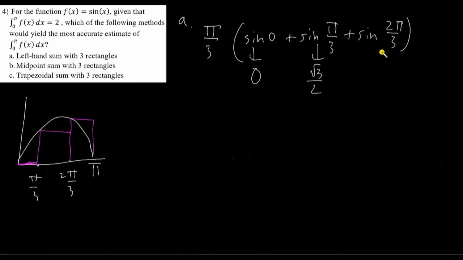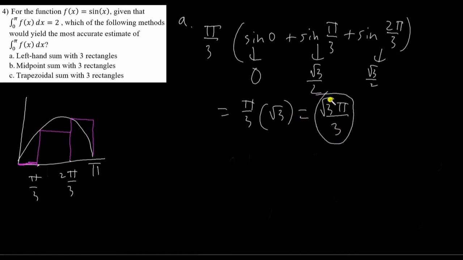And then sine of 2 pi over 3, since that's in the second quadrant and sine is positive in that quadrant, this is also the square root of 3 over 2. Adding these three up, that's going to be pi over 3 times the square root of 3, or square root of 3 pi over 3, like that. So that's part A. And now let's look at part B, a midpoint sum with three rectangles.